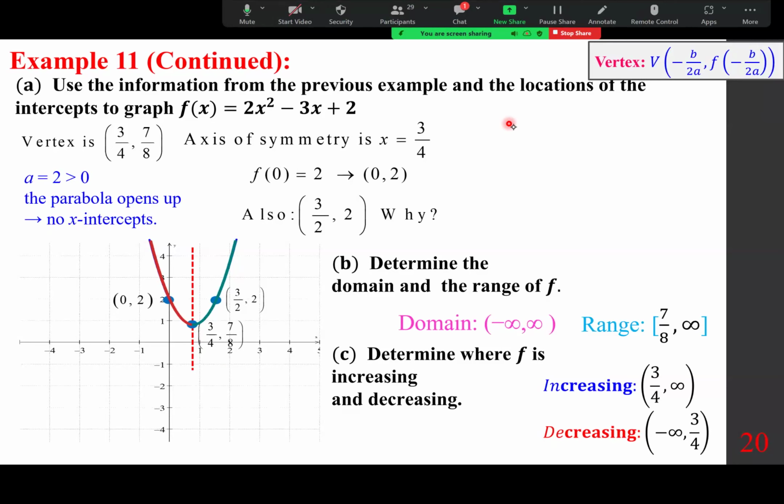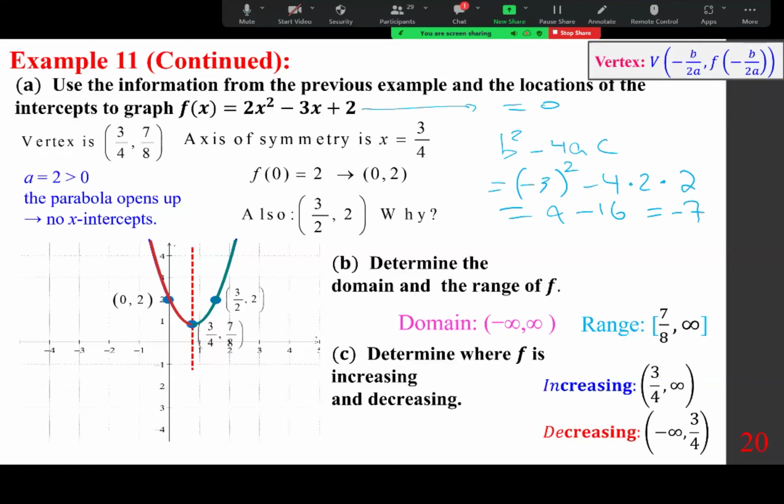because b squared minus 4ac is negative. Let me just remind you of that also. If you set this one equal to 0, b squared minus 4ac is minus 3 squared minus 4 times a is 2 times c is 2, and you get 9 minus 16, which is minus 7.